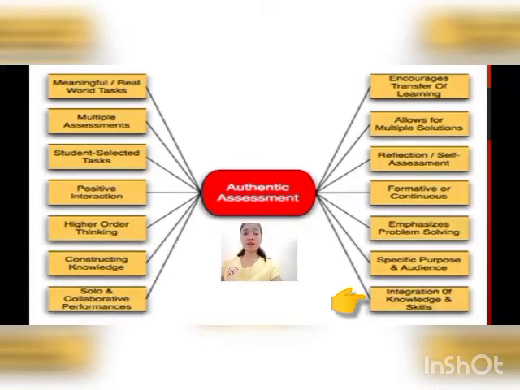And finally, they can provide more specific and usable information about what students have succeeded in learning as well as what they have not learned. Simply put, authentic assessment is one that requires students to apply what they've learned in new, complex circumstances or situations. So that would be all.